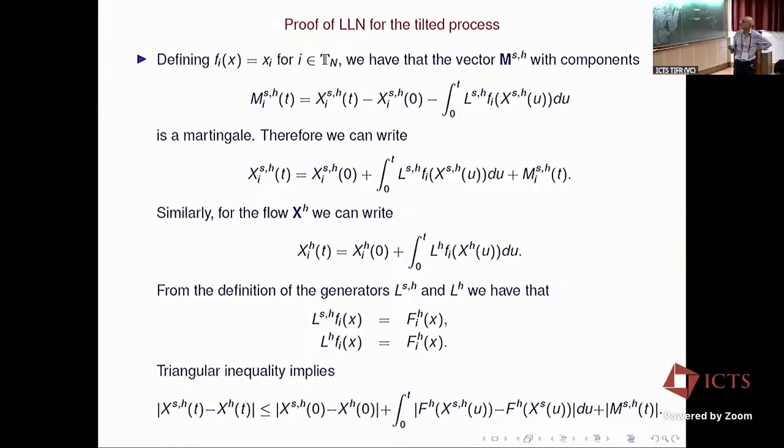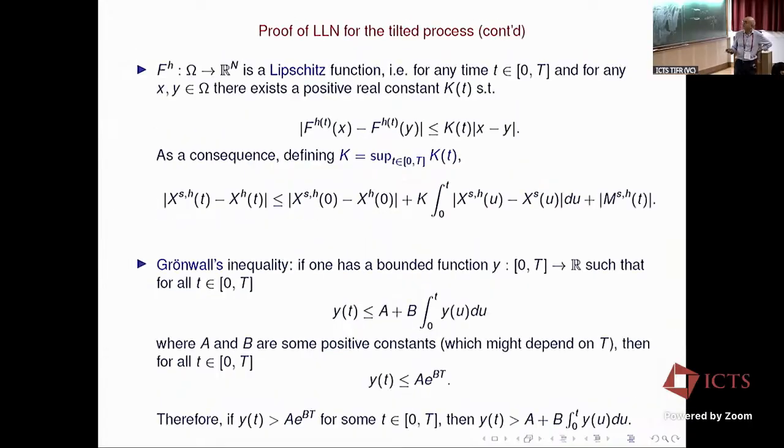And for this, you introduce a martingale, and this allows you to rewrite the tilted process with the generator plus a martingale part, and then you compare it to the one of the deterministic evolution, and you can upper bound the difference between the process and the deterministic evolution in terms of this integral for the vector field f. Then you remark that this f is actually Lipschitz, and therefore you can bound at every time, and then you can take the supremum over time, and you arrive at this inequality.